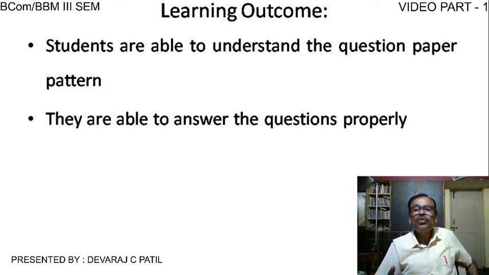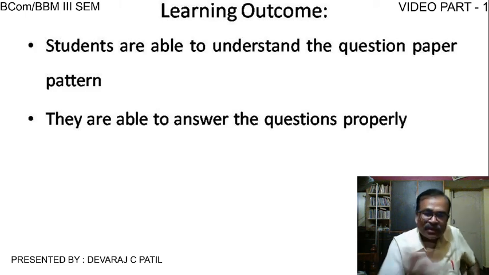If you don't know the pattern of the question paper, you will be ignorant of the different types of questions to be answered in the examination. And if you are ignorant about the different types of questions, you will never know how to prepare for them.